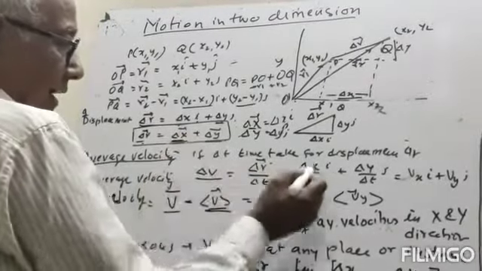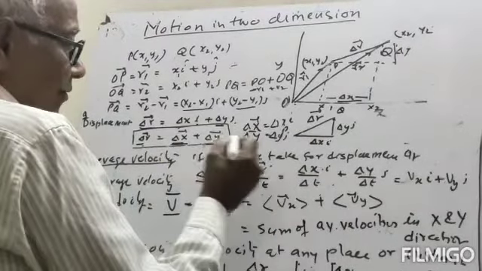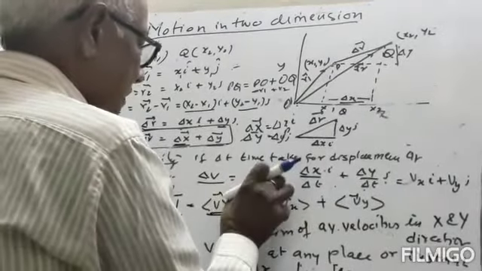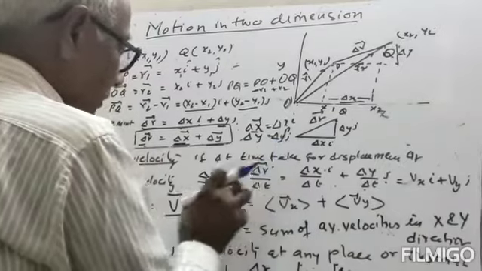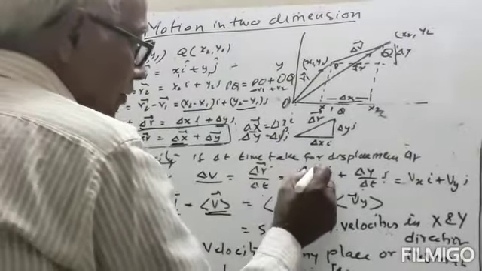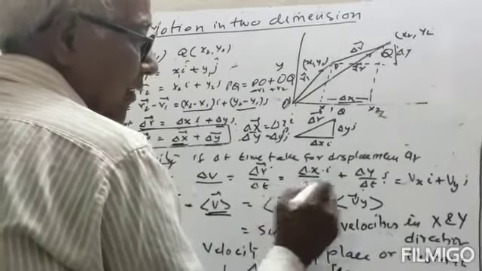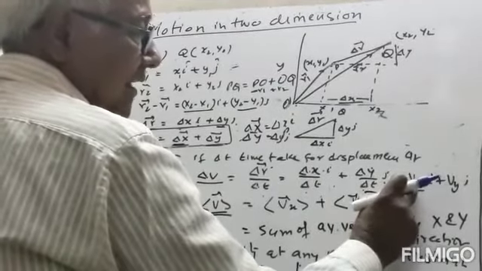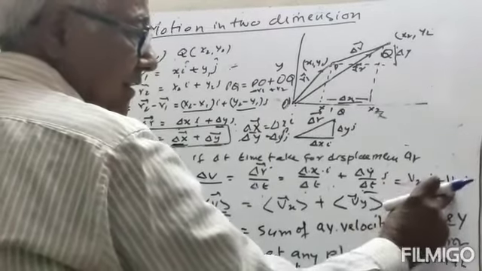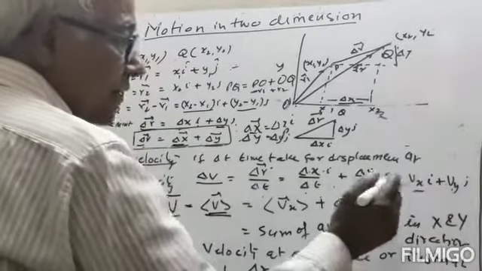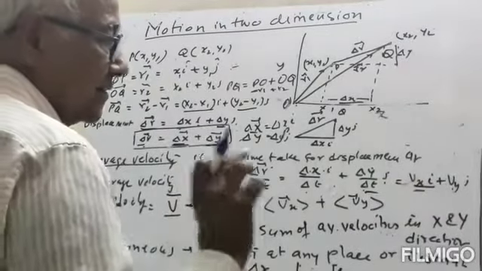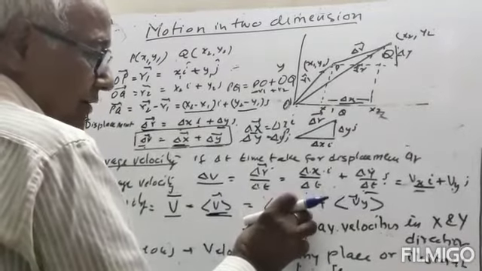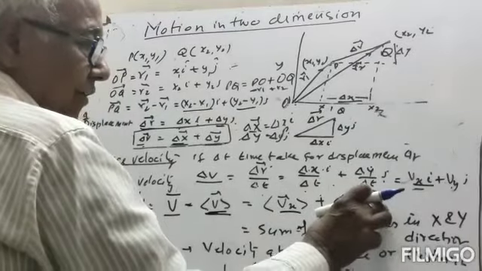Putting in the value of delta r: delta x divided by delta t into i, plus delta y divided by delta t into j. So this will be the average velocity. Here it will be equal to delta x by delta t, which is the velocity in the x direction, and delta y by delta t, the velocity in the y direction, along i and j. So average velocity will be equal to average velocity in the x direction plus average velocity in the y direction.